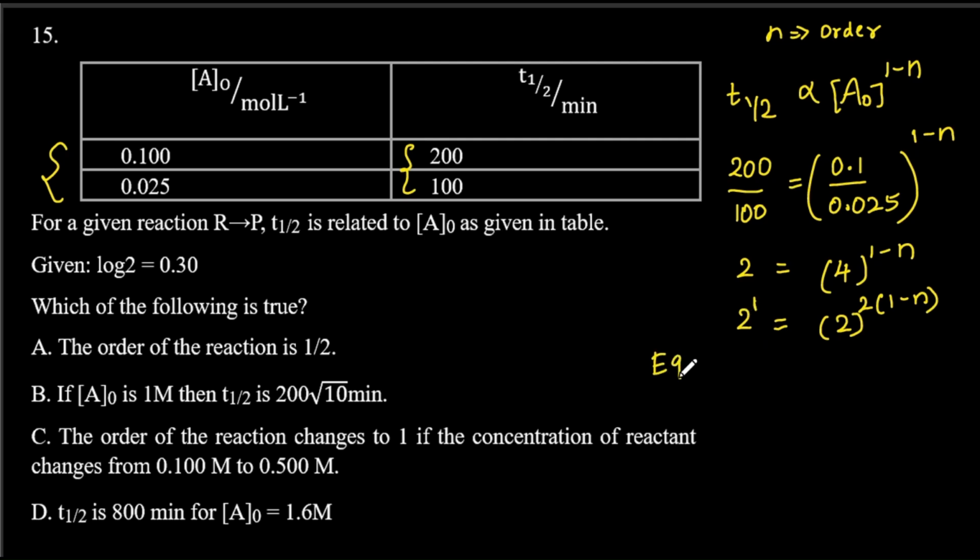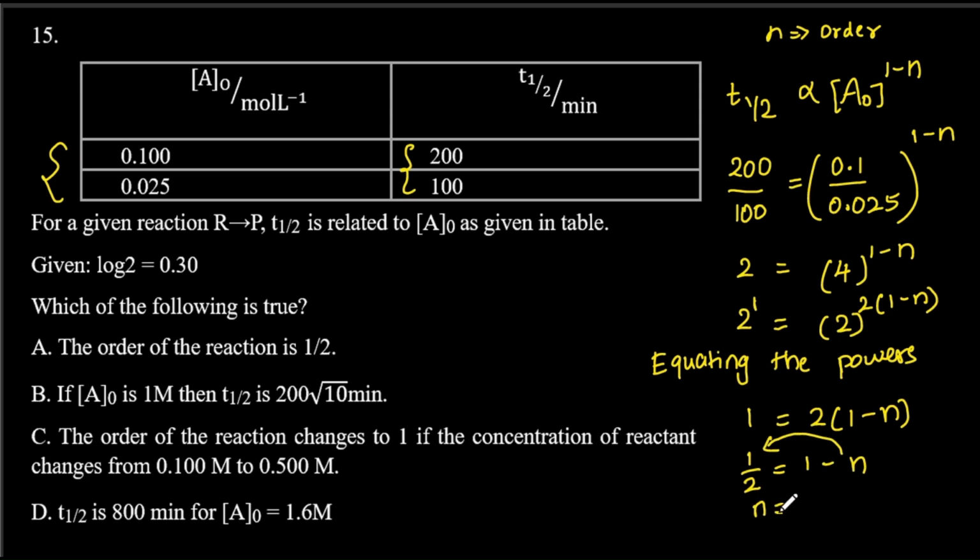So equating the powers, 1 equal to 2 into 1 minus N. Taking this 2 to the left hand side, 1 by 2 equal to 1 minus N. Take the N to the left hand side, minus N will become plus N. And take this 1 by 2 to the right hand side. Already you have 1, so 1 minus 1 by 2 will become 1 by 2. So N is the order, and the N value is 1 by 2. So the first option is correct.